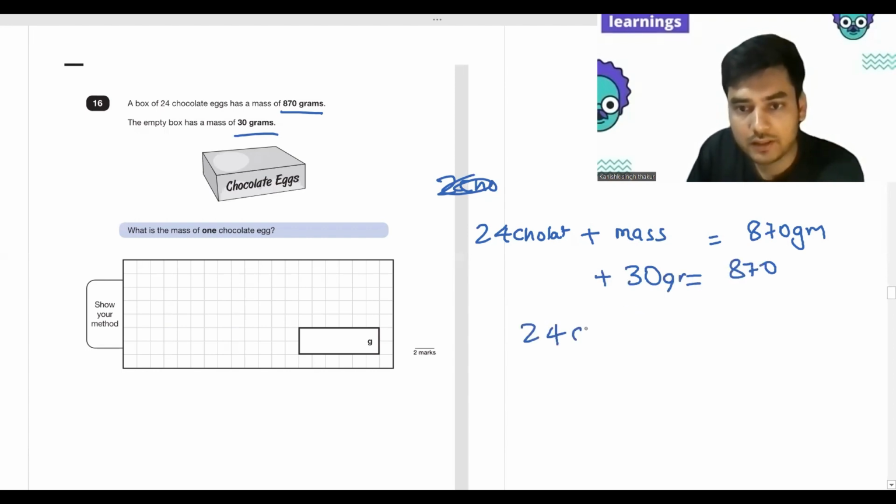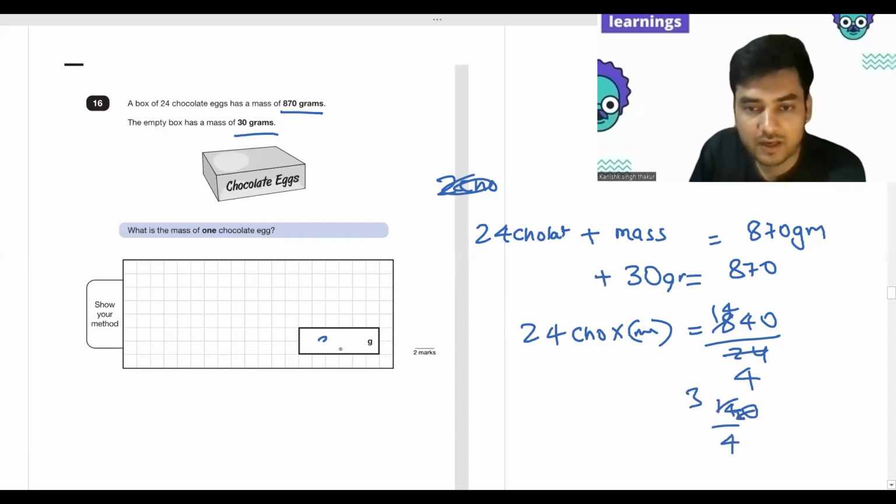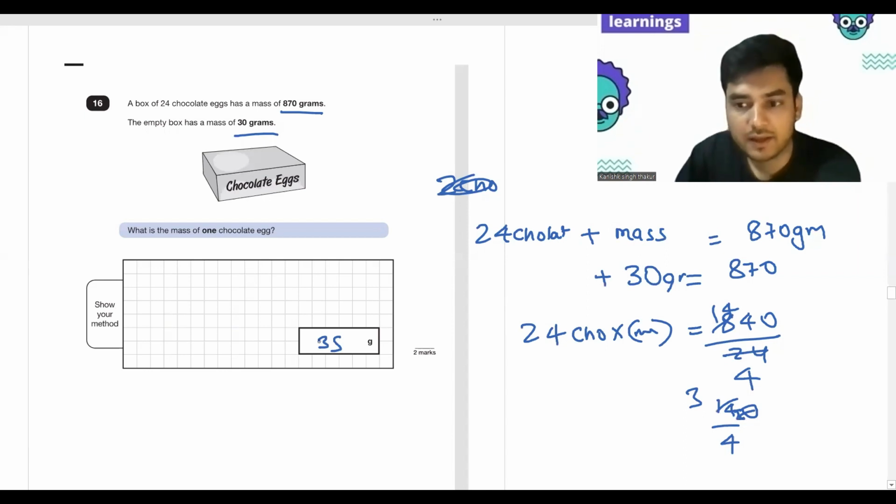So 24 times the mass of each chocolate is equal to 840, isn't it, divided by 24. Yeah. So 6 fours are and 6 ones are and 4s are. So 140 upon 4, 4 threes are and 4 fives. So 35 grams is the mass of each chocolate egg.